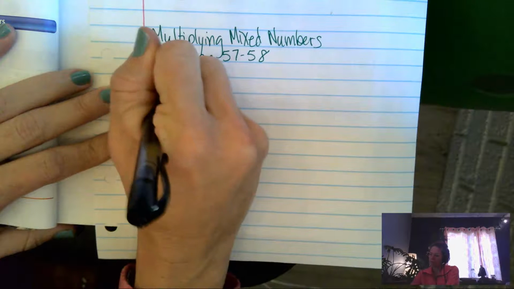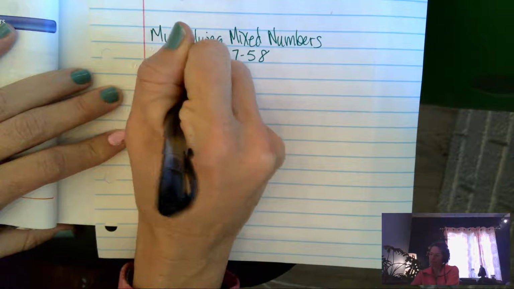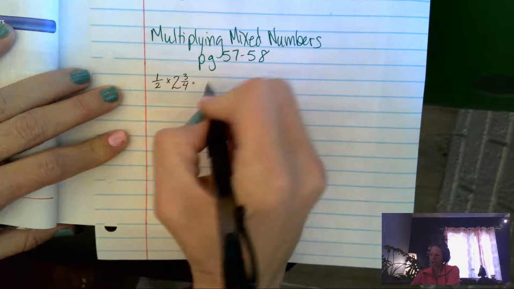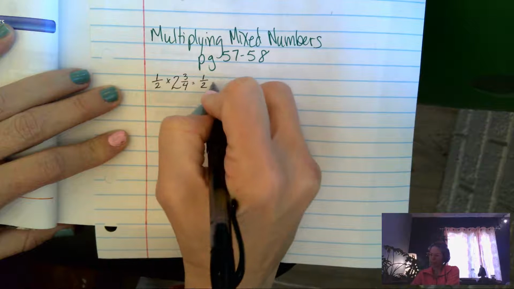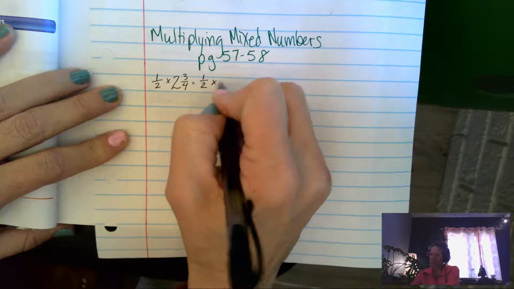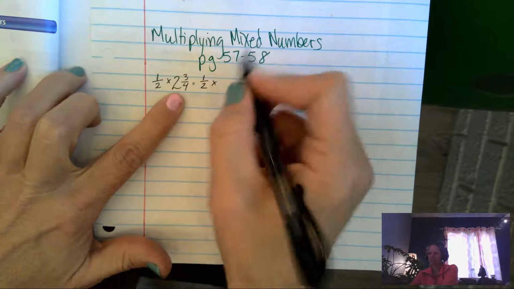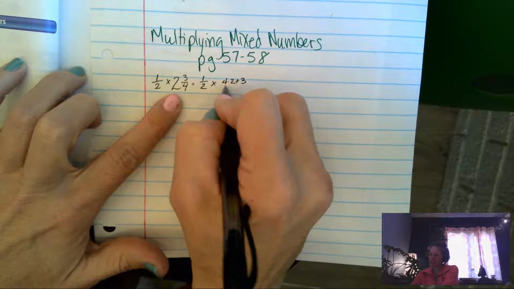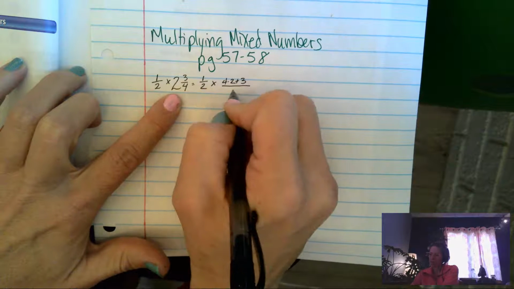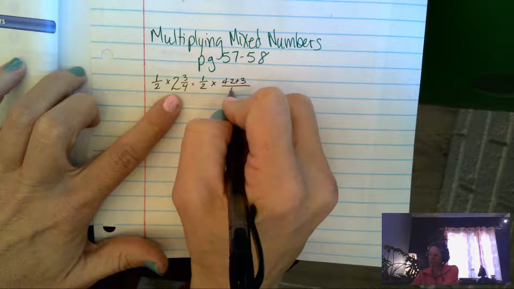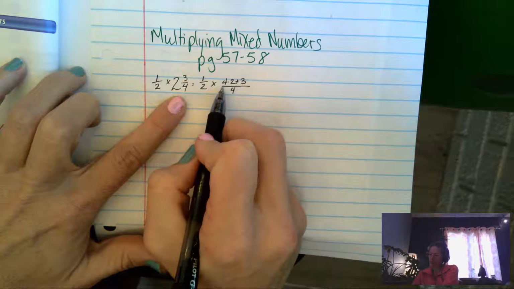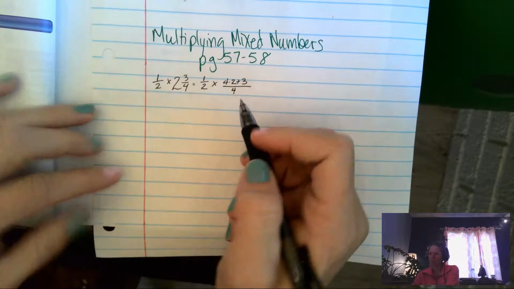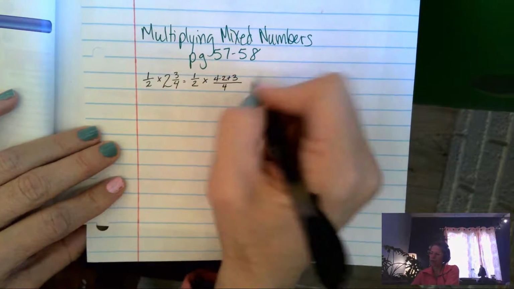Which is equal to 1/2 times, watch, 4 times 2 plus 3 all over my denominator. That's my 4 times 2 plus my numerator. Those are the bits and pieces that you have to remember.